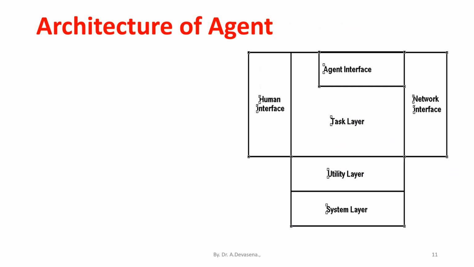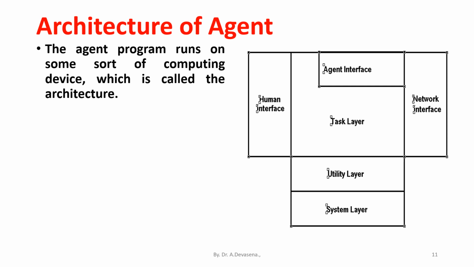Architecture of agent. The agent program runs on some sort of computing device which is called the architecture. The program we choose has to be one that the architecture will accept and run.